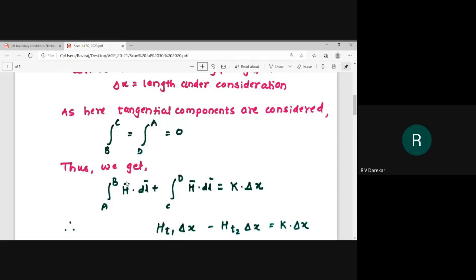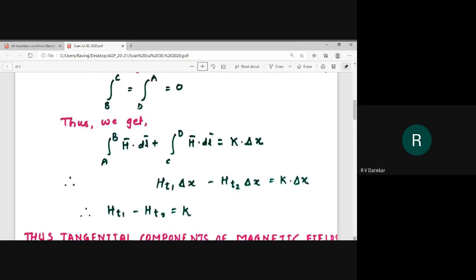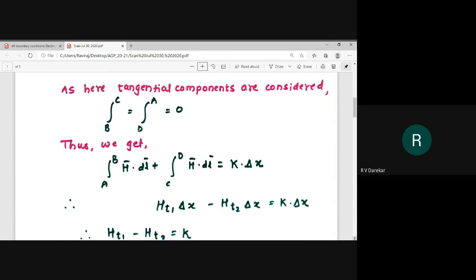I think there is a requirement of minus ht1 delta x and plus ht2 delta x, but both of them will give the same conclusion, that the difference of these two will be contributing to a value k, as delta x will get cancelled from both the sides.